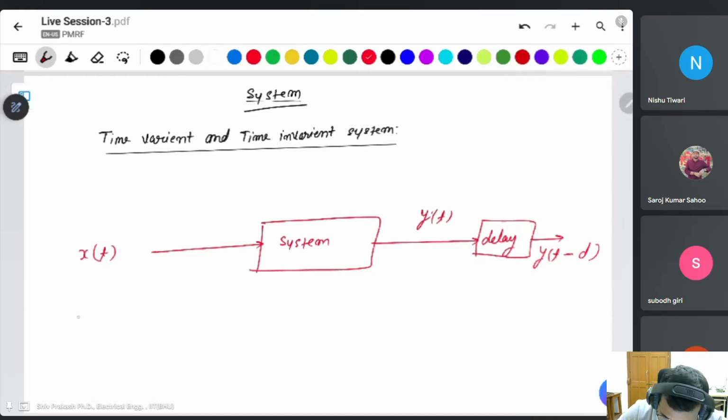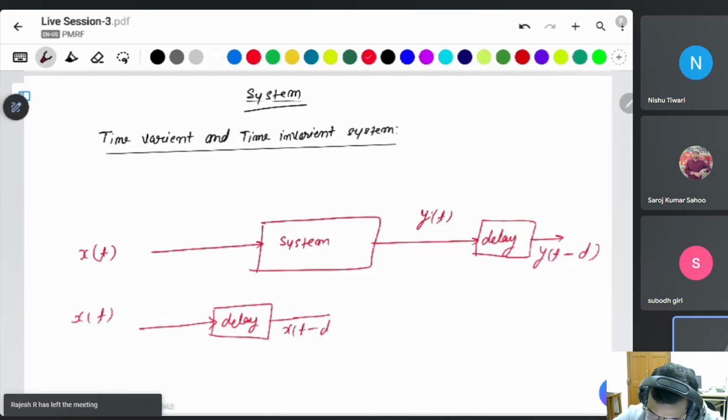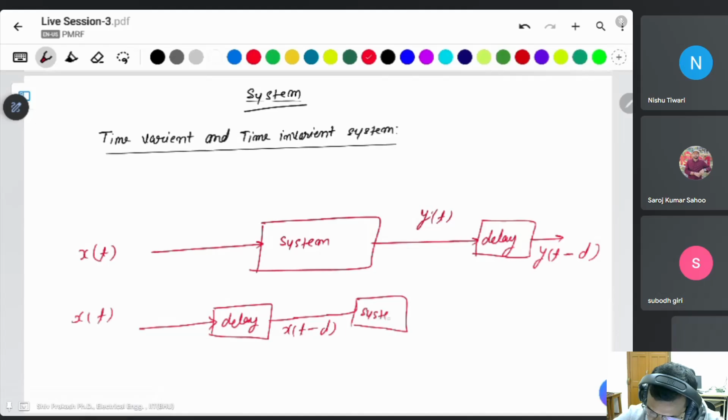Another thing: think of a delay in the input signal. Then you have x(t minus d), and then you have the system. Suppose this output is y dash t, some other output.